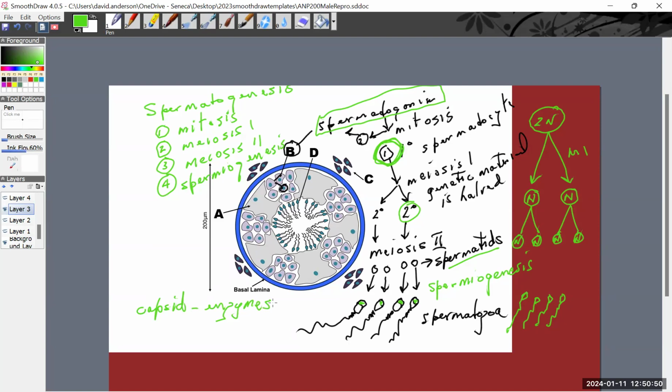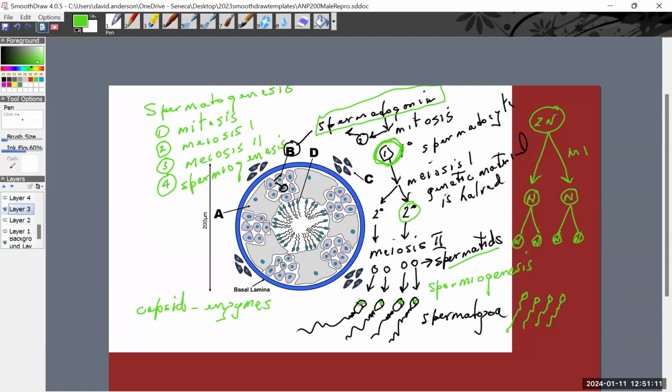These enzymes are necessary for fertilization. They have to be released to erode some of the barrier around the outside of the ovum in the interest of fertilization. So we'll talk more about that again when we talk about fertilization. But that's part of the maturation process during spermiogenesis.